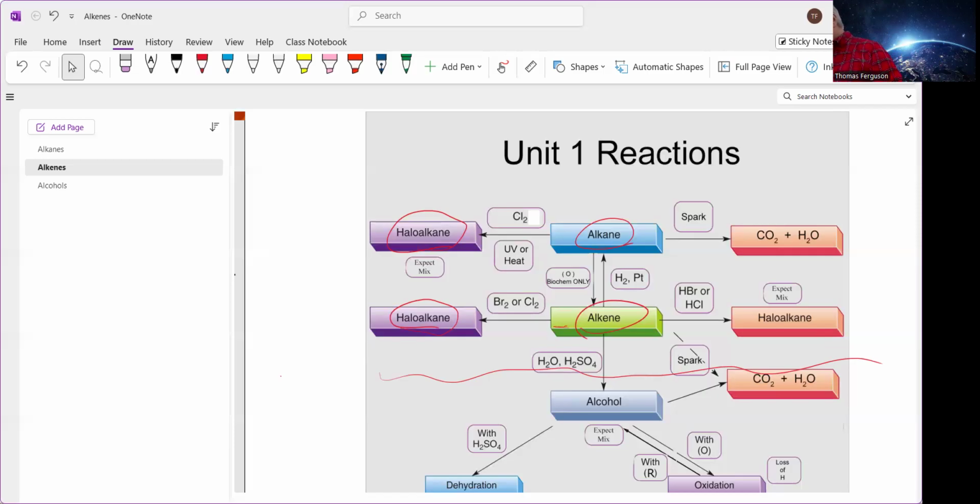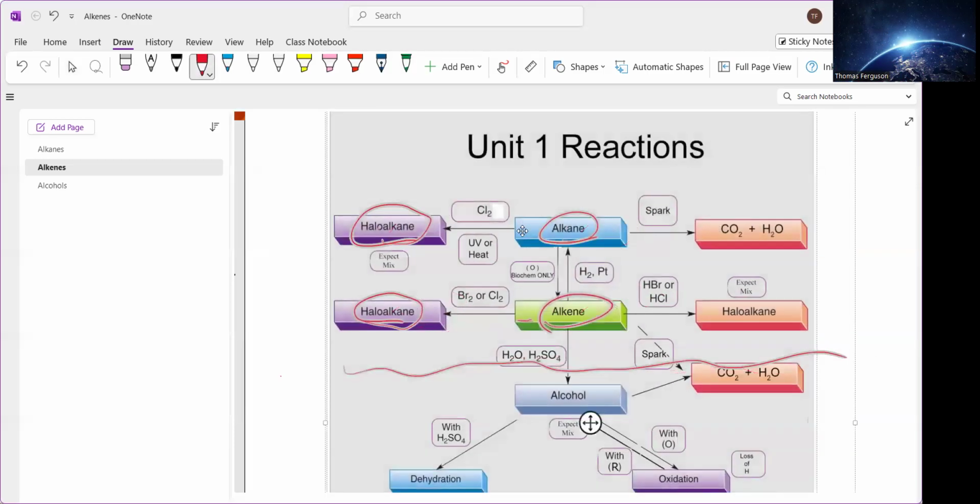So we're taking an alkene, adding Br2 or Cl2. Taking an alkene, we're going to add H2. Those are the simplest alkene reactions, addition reactions. And those we give no mix.